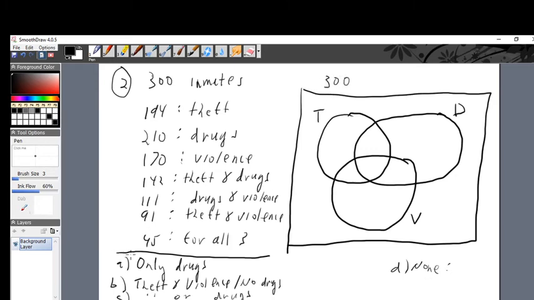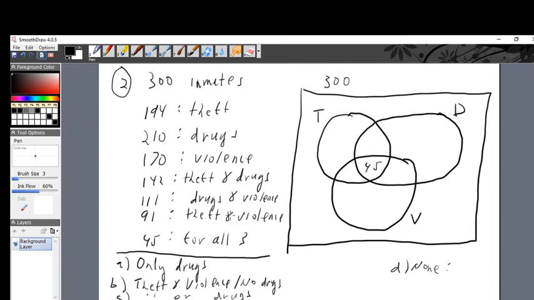And here's the most central thing. 45 is going to help us a lot. 45 for all three. Okay, now how can 45 help us? Here's the story. We know the 45 is all three.